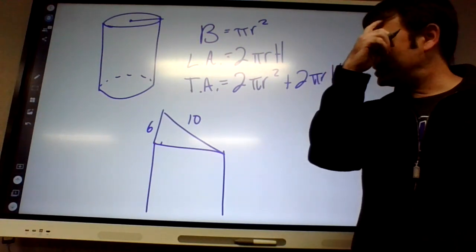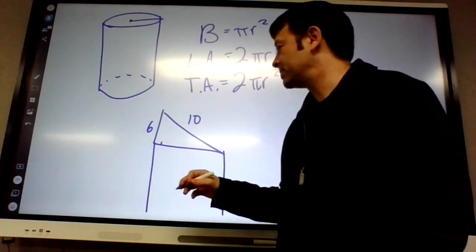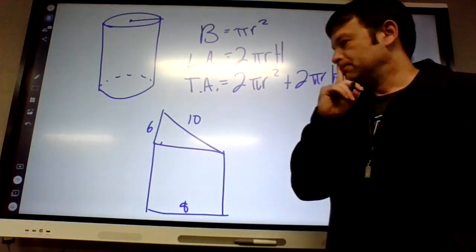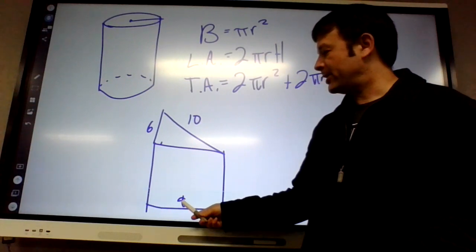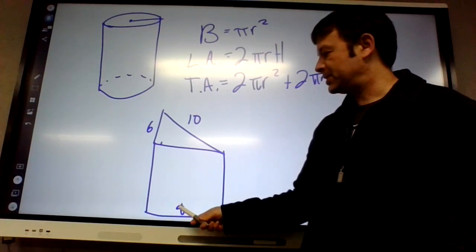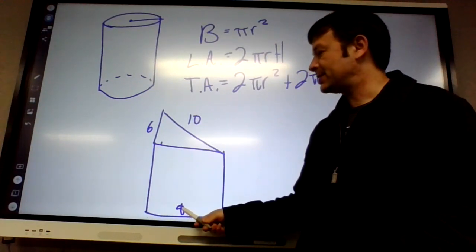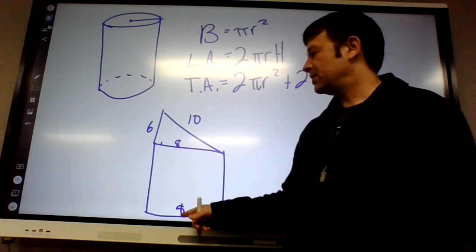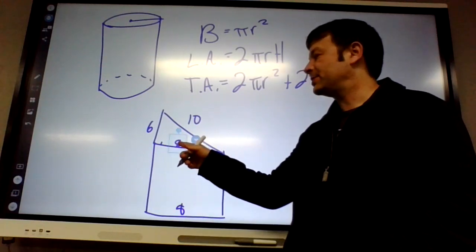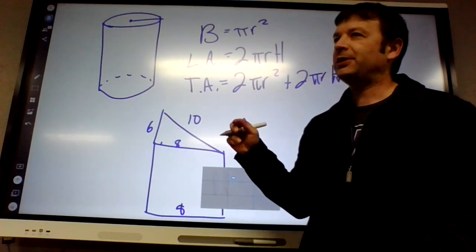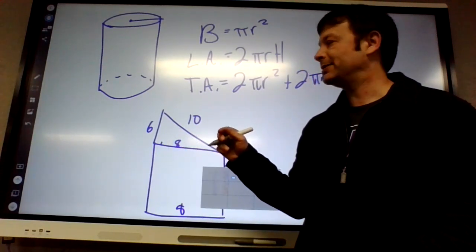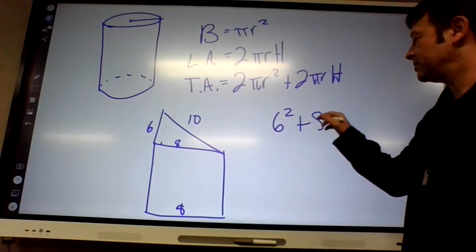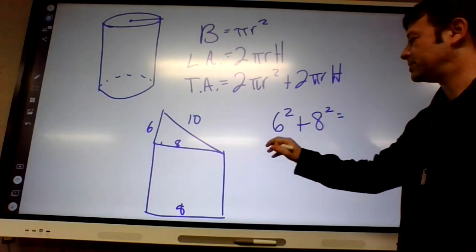Well, yeah, you have to do base times height divided by 2, but what's the base and the height? That's the problem. Well, okay, on the bottom of the prism it says 8, and since the bases have to be identical, this has to be an 8 also. There's something special about 6, 8, and 10. 6 squared plus 8 squared, guess what?